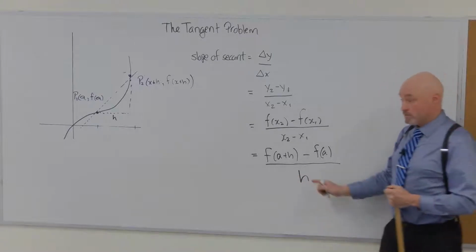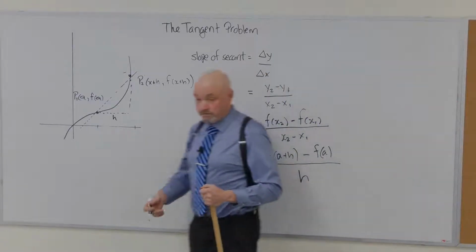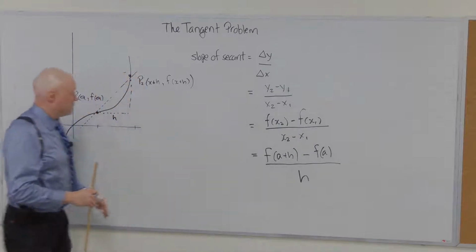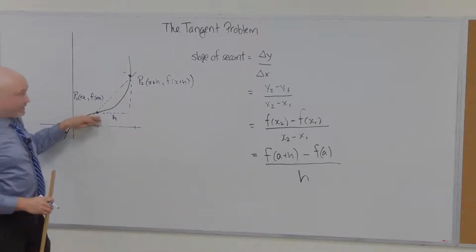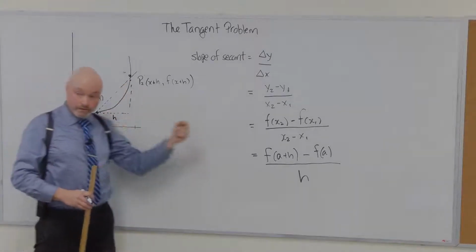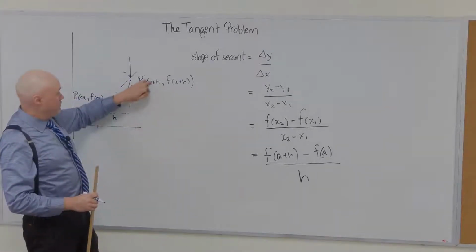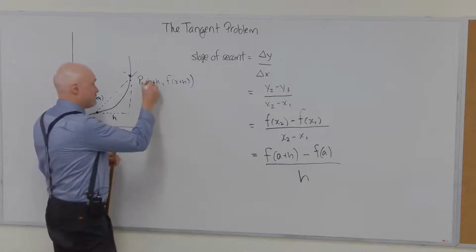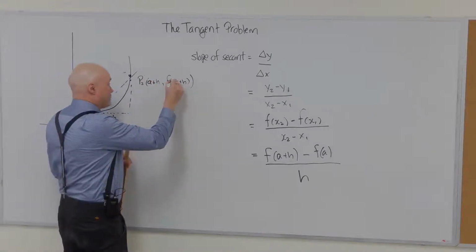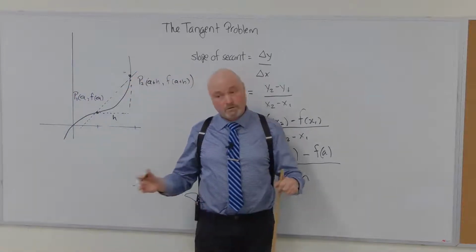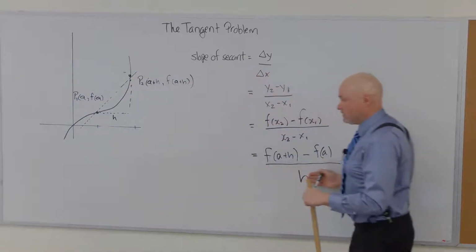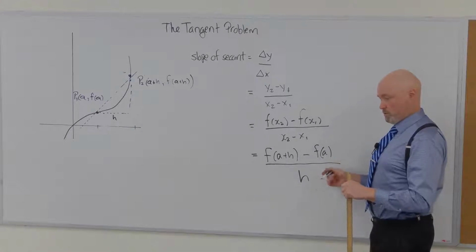Okay, so this becomes the difference quotient. This is the slope of a secant between this point a, f at a, and some point over here a little bit, a plus h, and f at a plus h. All right, does that seem okay? Okay so far? Difference quotient. Write it down. Super important.